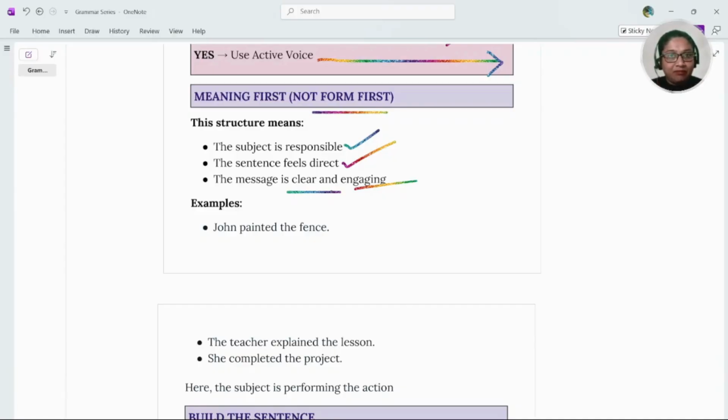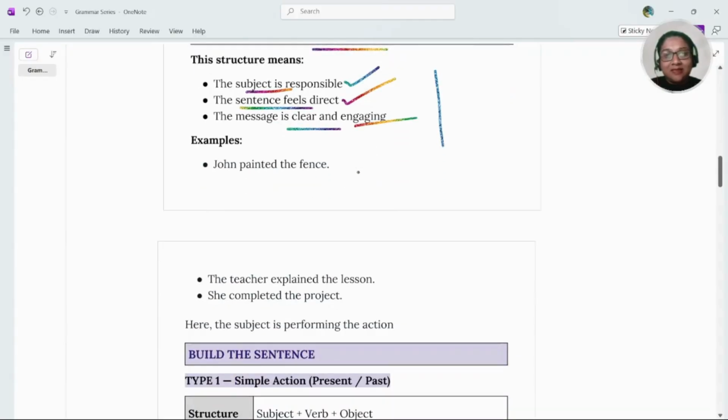It's not clear. That is the reason we need to understand that the structure revolves around these three bullet points. The subject is responsible. The second is the sentence feels direct. The third is the message is clear and engaging at the same time. Right. Let's look at certain examples of active voice itself.